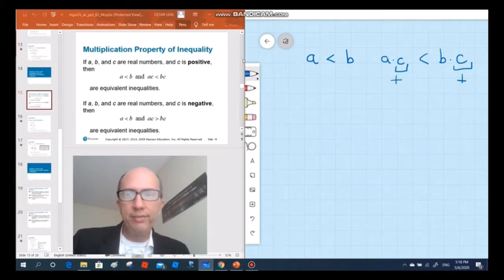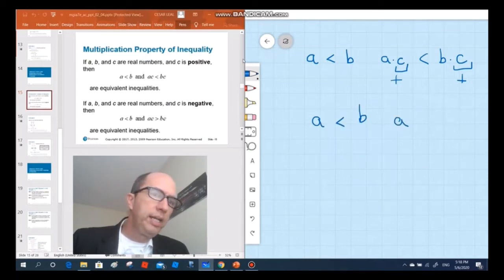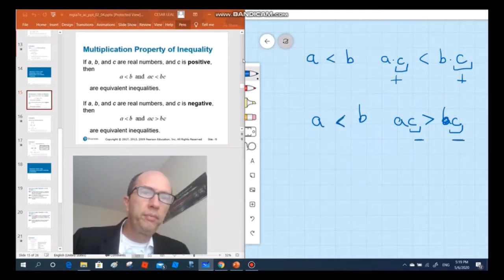If C is a negative number and A is less than B, A times C is greater than B times C. If C is a negative number, you're going to shift the side of this inequality.